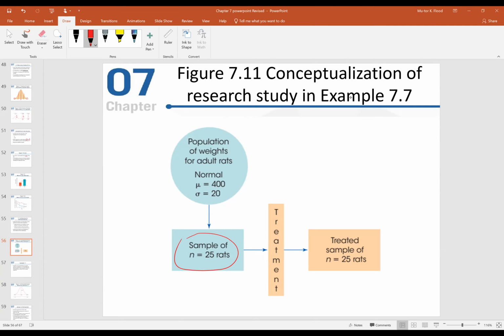We're going to treat those rats with some kind of formula or program or something of the sort. And then those rats become a treated sample of 25 rats. The purpose of the study is going to be to determine whether the treatment, in this case a growth hormone, has an effect on the weight of the rats.